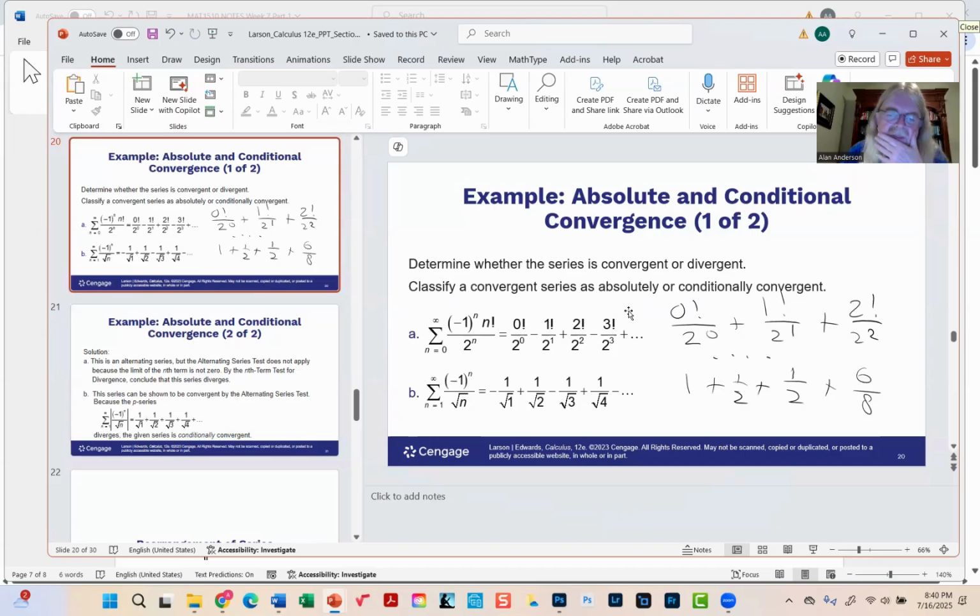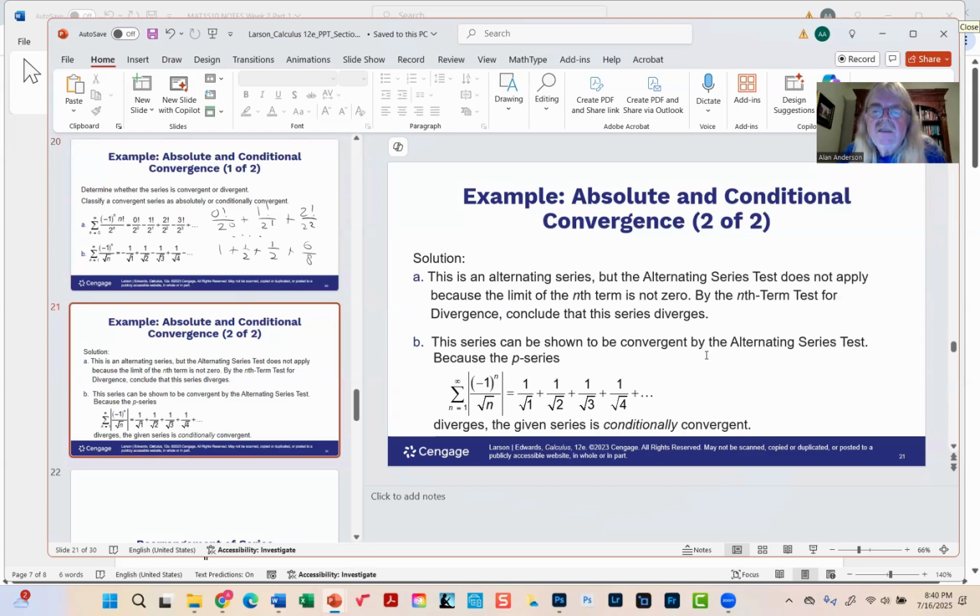Because of the way the terms are defined, you can see the first term is 1, then we have half, then we have 2/4, which is a half, 6/8. So yeah, the limit is not converging to 0. So this one is just divergent.